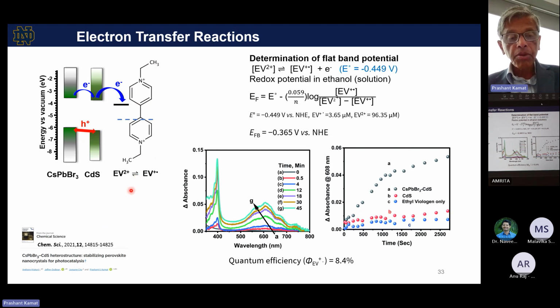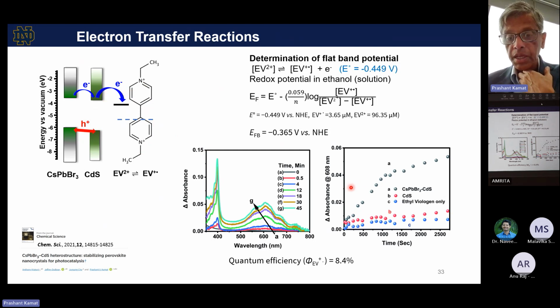We use small amounts of ethanol to take away the holes so that only the reduction process is favored. In this graph, when you shine the light on this viologen and this CdS-capped cesium lead bromide in 15% ethanol and 85% toluene, we see the formation of viologen radical. That is an electron transfer product.